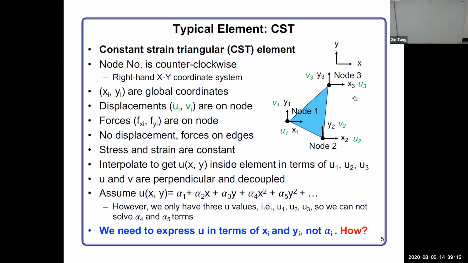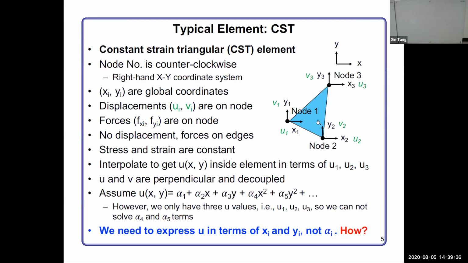And if you have many of those elements connected together, sharing the edges and the nodes, tied together, you will find that if the stress and strain are different, they will have different colors in the finite element software.